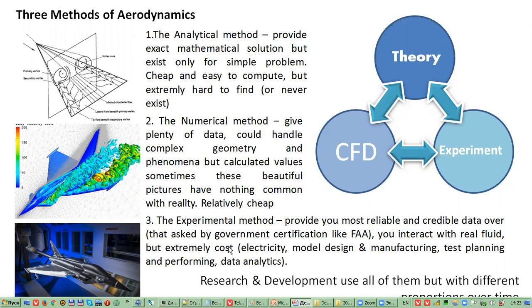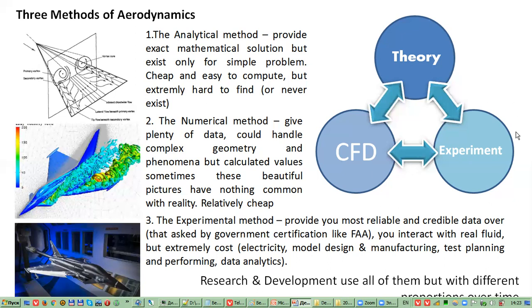Only after this step do you obtain a certificate, and only after you have a certificate can you sell your aircraft. Without certification you cannot sell your aircraft, and you cannot use your design to make money.